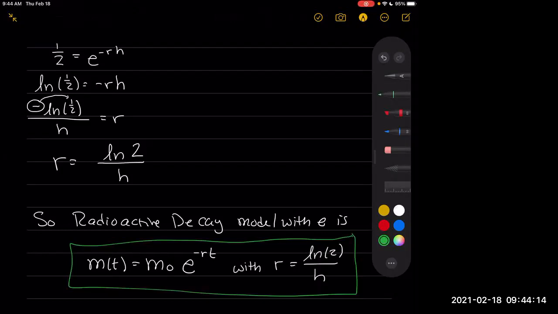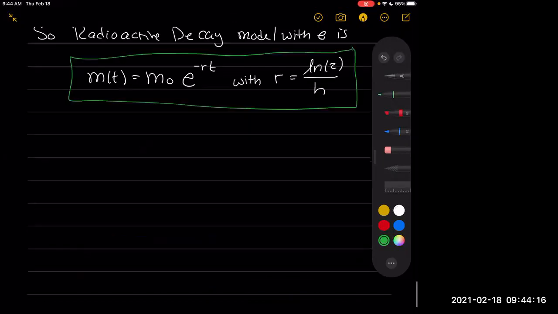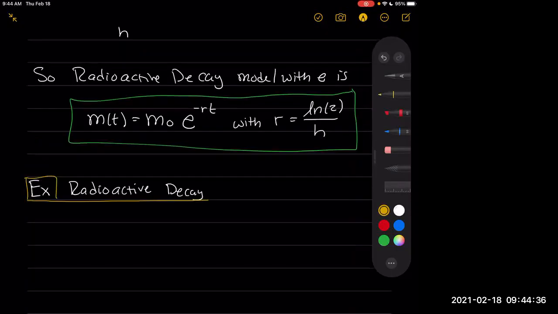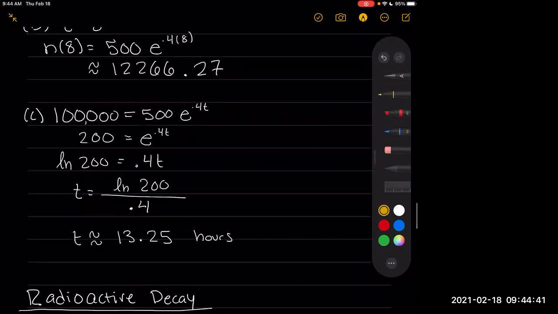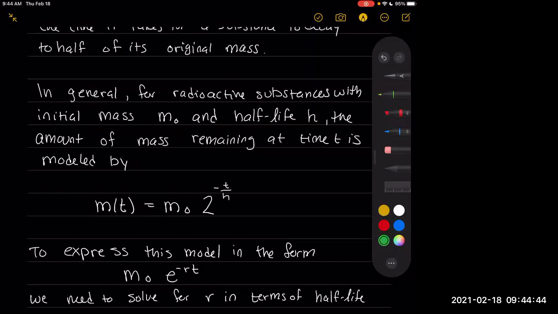So now we're going to do an example with radioactive decay. Note that we'll need to use both the m naught e to the negative rt as well as our m of t equals m naught times 2 to the negative t over h.